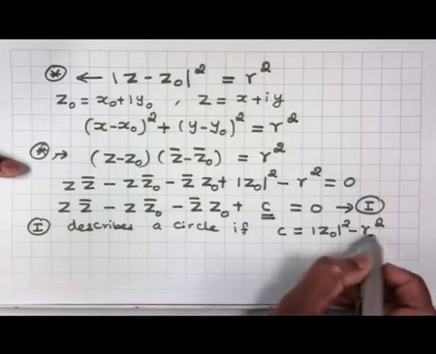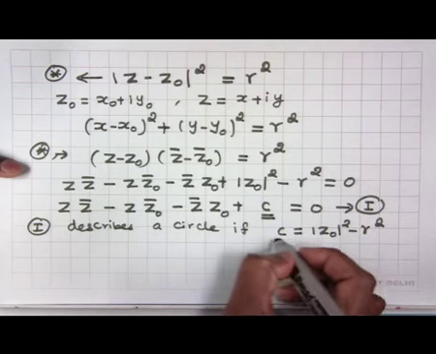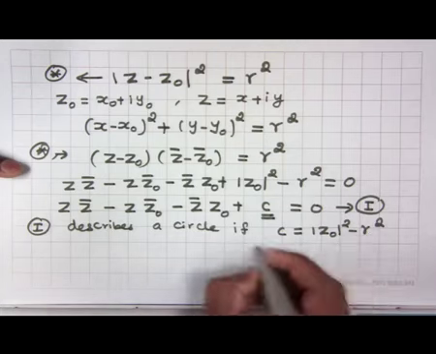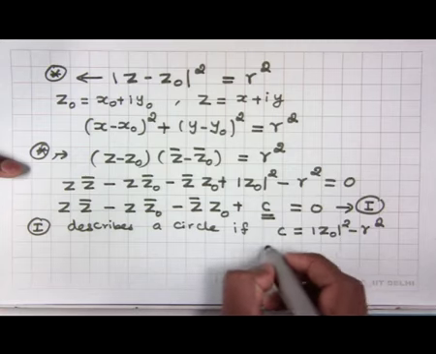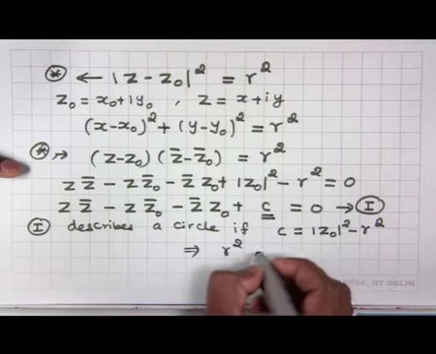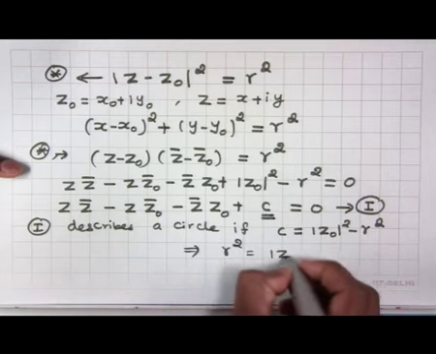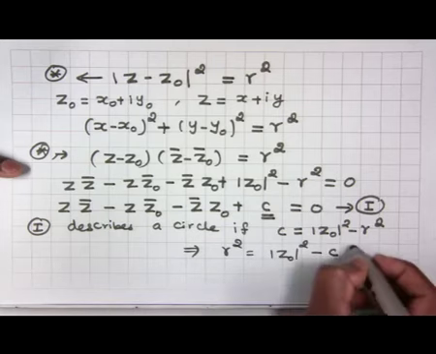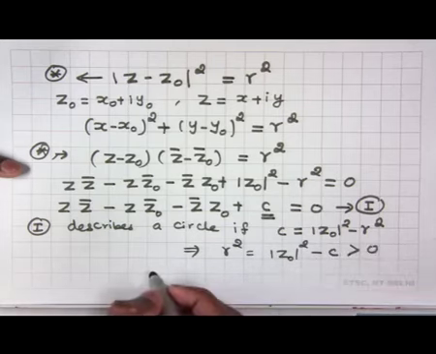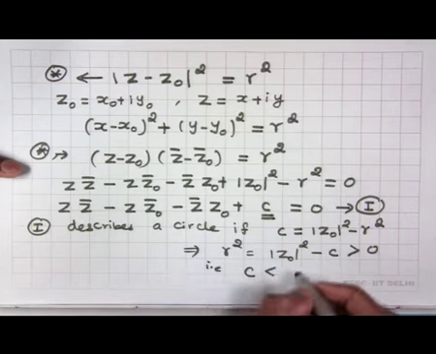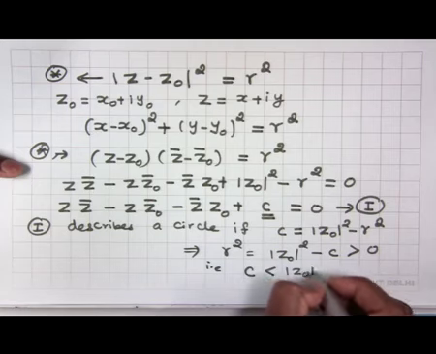So here C is denoted by this expression, and we see that r square is given by mod z naught square minus C. This must be greater than 0, that is, C is a real number less than mod z naught square.